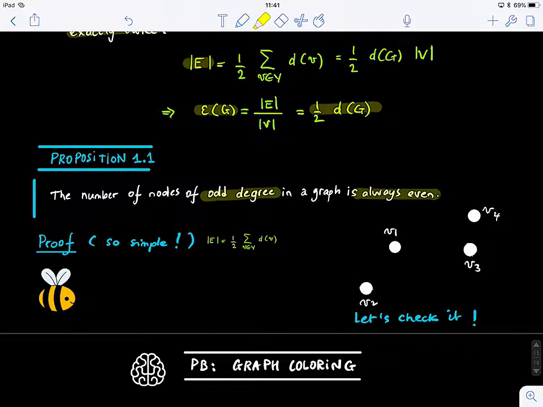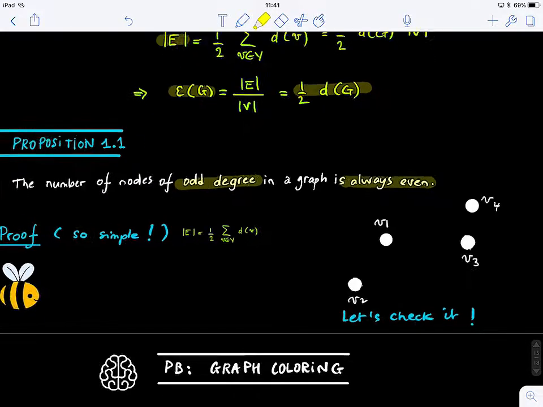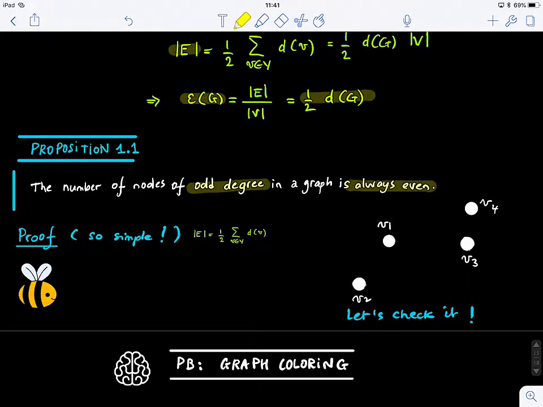Okay, so look at this one. Let's check it together. Whatever graph you're going to build, let's use this. The number of nodes of odd degree is always even. Here the degrees are 3, 1, 2, and 2.